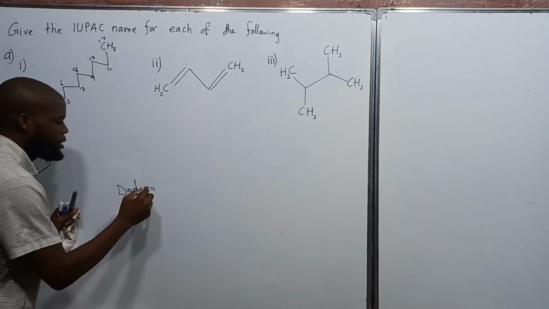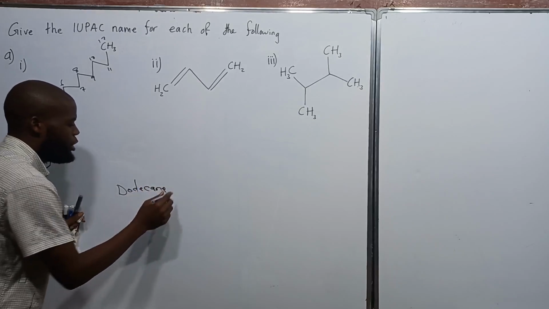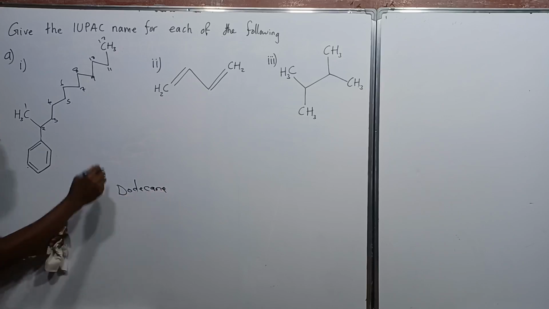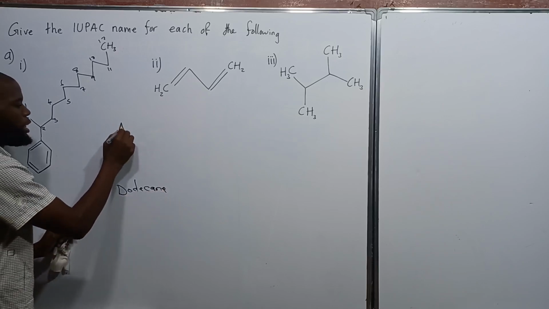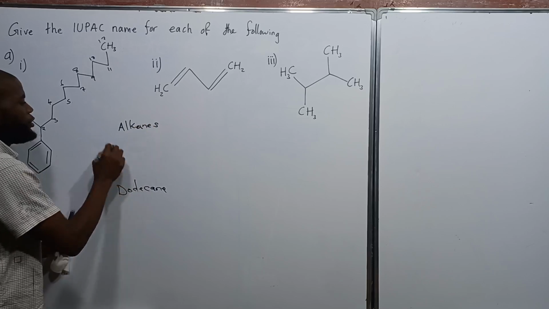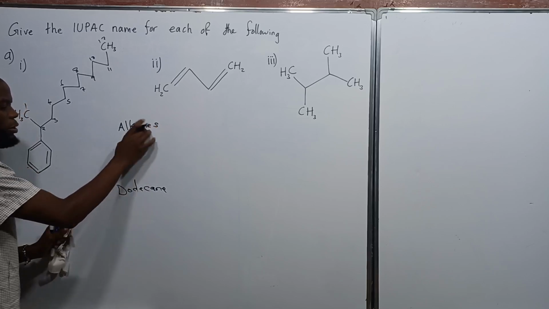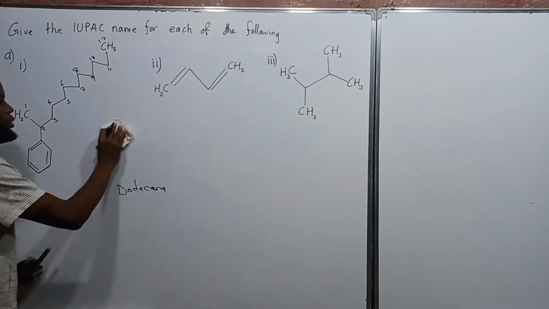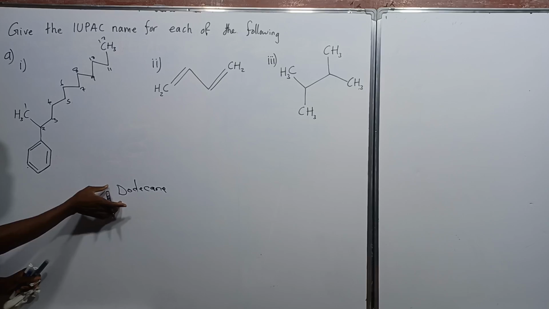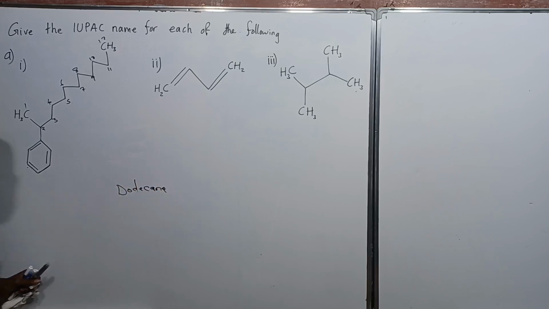This suffix ANE indicates that this compound belongs to the homologous series of alkanes. The name ending for alkanes becomes ANE. So we've identified the parent name as dodecane.